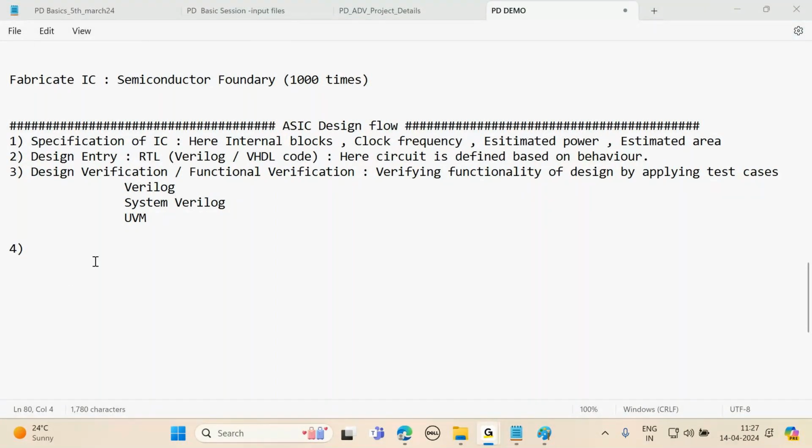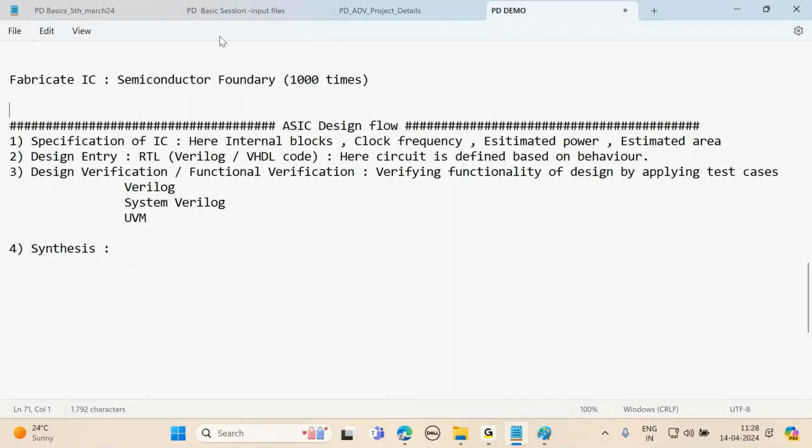Next, what is the next thing you have? After design verification, you have synthesis. What is synthesis? Now the design is in the behavioral form, and your foundry cannot understand the behavioral form.